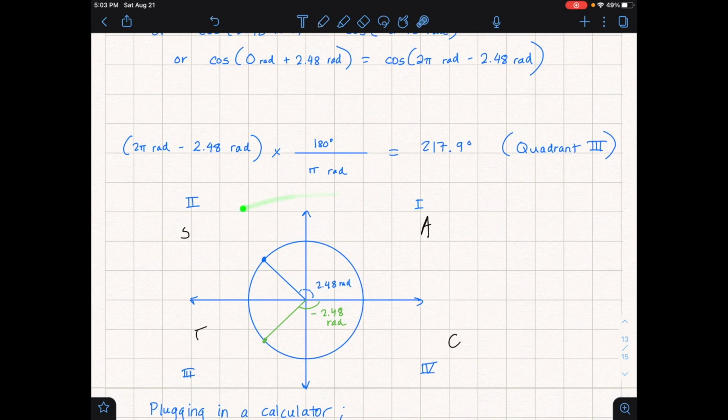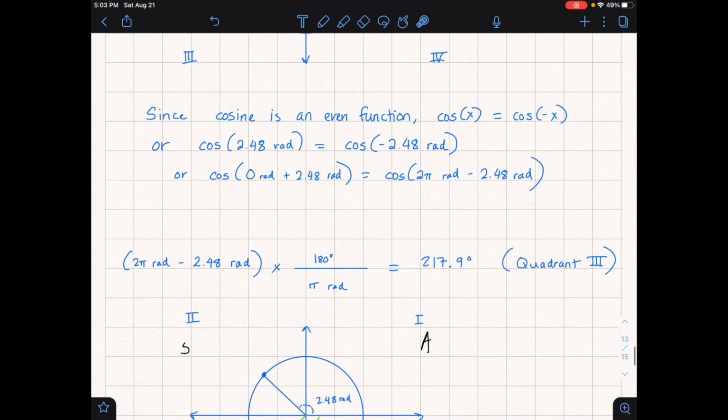The letters in the acronym tell you which trigonometric functions are positive. In quadrant 1, all the trigonometric functions, sine, cosine, and tangent, are positive. Sine is positive in quadrant 2, tangent is positive in quadrant 3, and cosine is positive in quadrant 4. And so cosine is going to be negative in quadrants 2 and 3.